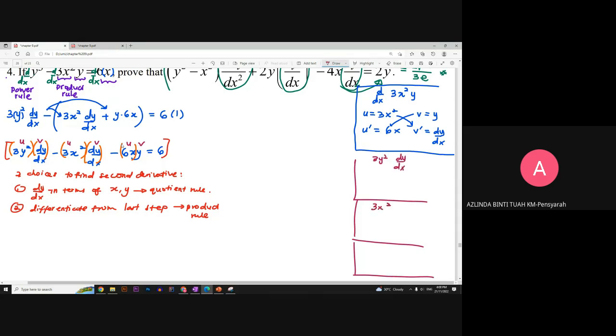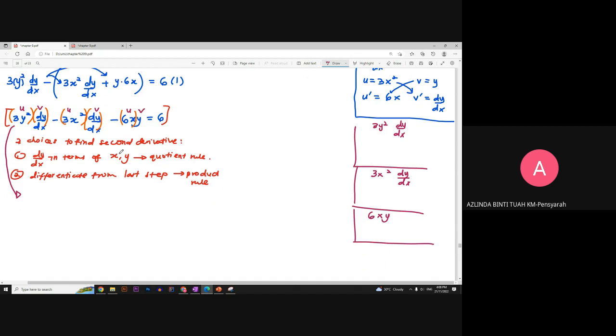Tetapi kalau yang siapa boleh mental math, boleh fikir dalam otak dan boleh differentiate dalam otak, kamu boleh terus pergi ke next step. Okay, cara dia, kita akan buat terus masukkan dalam formula of product rule.